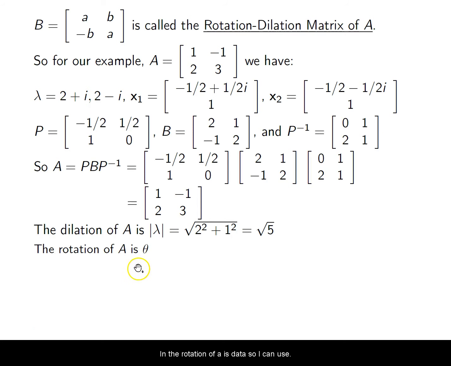Okay, and the rotation of A is theta, so I can use my eigenvalue to find theta, like we did before in the beginning of this video, where I gave you a complex number and I said, hey, this is the argument of that complex number. We can do that.